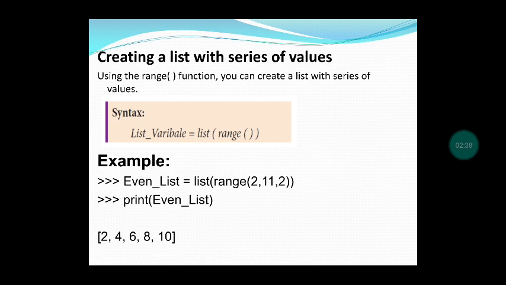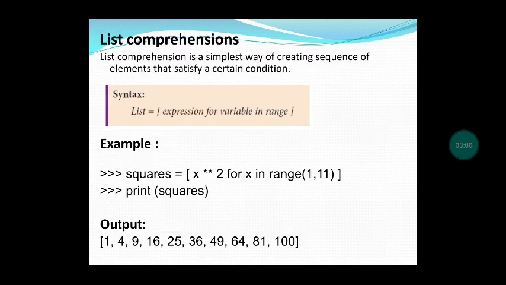For this, the syntax is list variable equals list of range. So in this example, even list equals list of range 2, 11, 2. As in the previous example, we are printing the same even numbers, but it is printed as a list: 2, 4, 6, 8, 10.